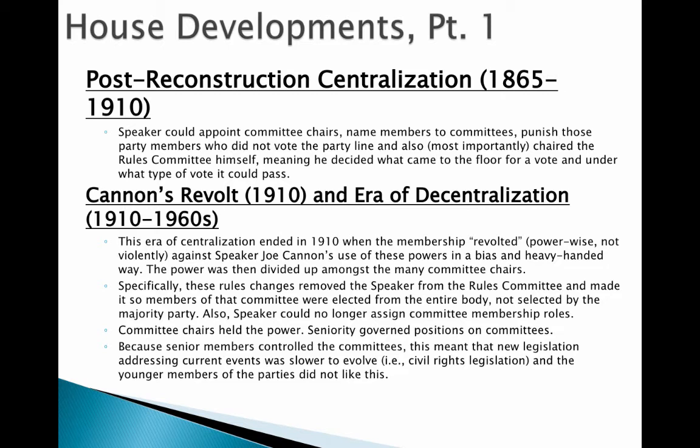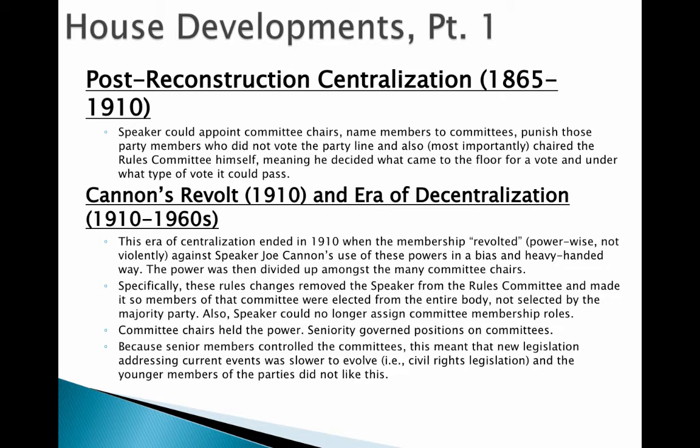And committee chairs largely held the power. Seniority governed positions on those committees, and usually the most senior member of the governing party was the chair. And it stayed this way for a long time.